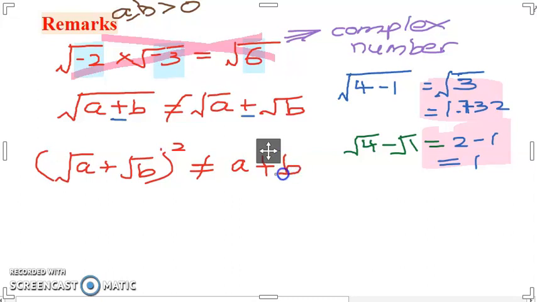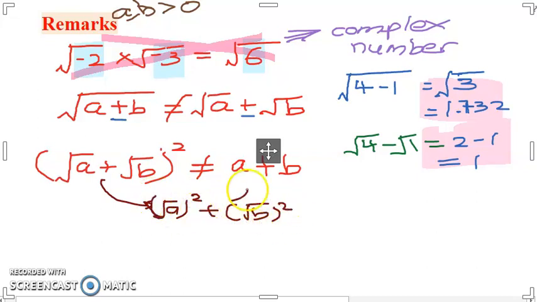In other words, squaring the square root of a plus the square root of b and getting a plus b is not correct.